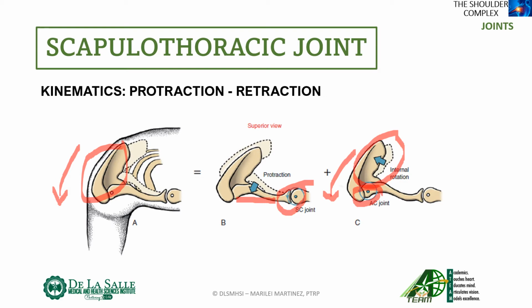Okay? Now, for retraction, just reverse it. So, for retraction of the scapula to happen in the scapulothoracic joint, there should be retraction of the clavicle in the sternoclavicular joint and slight external rotation of the scapula in the AC joint.